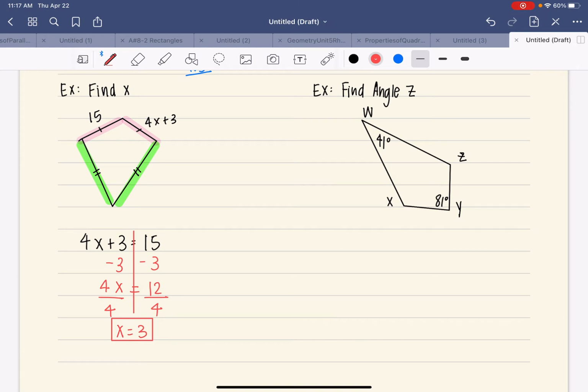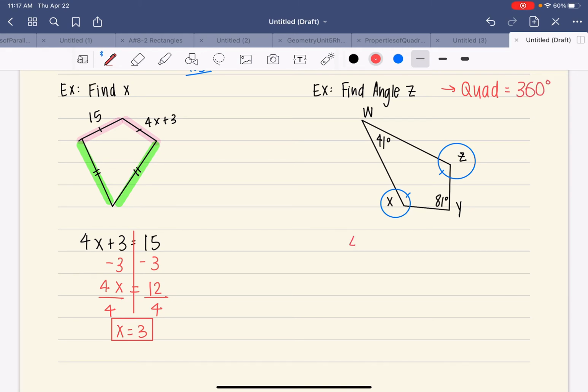For this kite over here, we want to find the measure of angle Z. There's something we know about angle Z: by the property of a kite, it is congruent to angle X. So these are going to be congruent to each other. A property we know about quadrilaterals is that all the angles add up to 360 degrees.